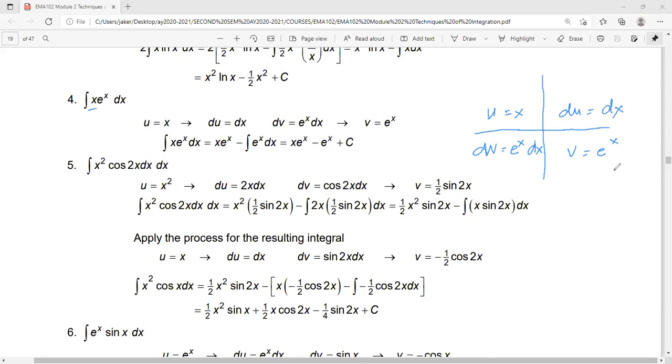Then what's the answer? Cross and drop. Cross. So that would be your x e raised to x here. Drop. The integral of e raised to x dx is e raised to x, plus c.